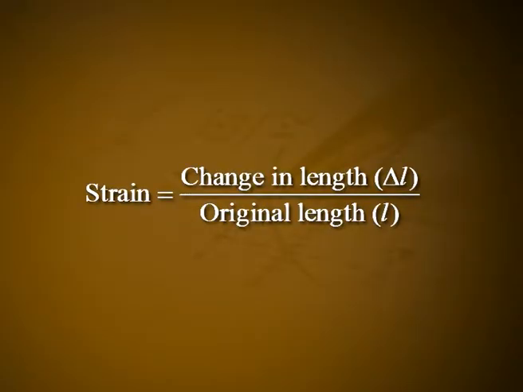The property by virtue of which the body regains its original size and shape when the deforming forces are removed is called elasticity. Strain is equal to change in length delta L divided by original length L. Being a ratio, the strain has no units and dimensions. The three types of strains are linear strain, volume strain and shear strain.